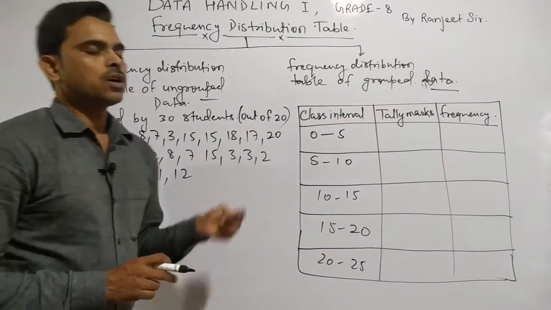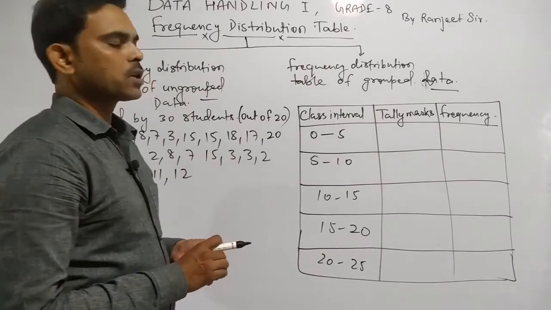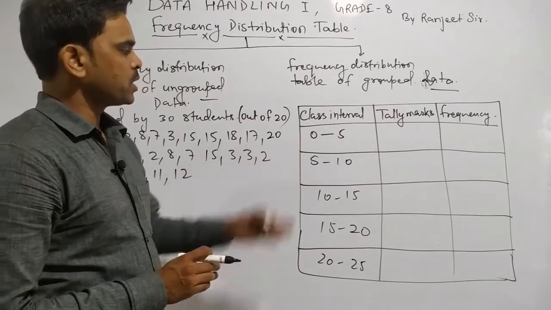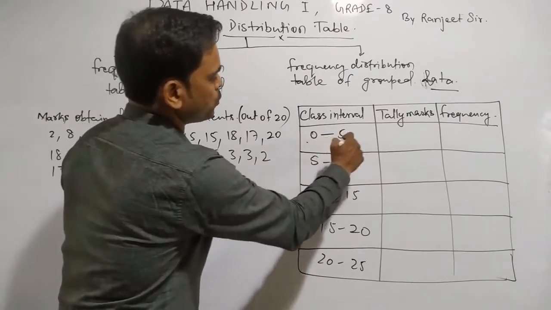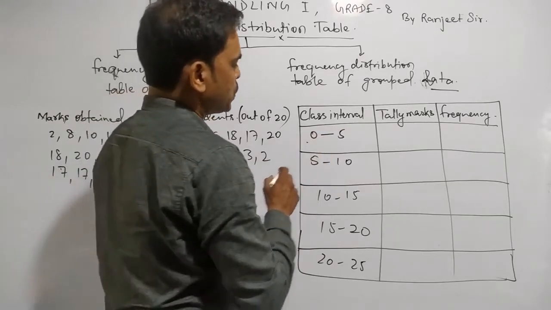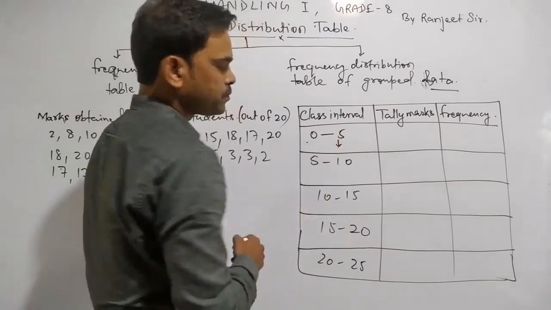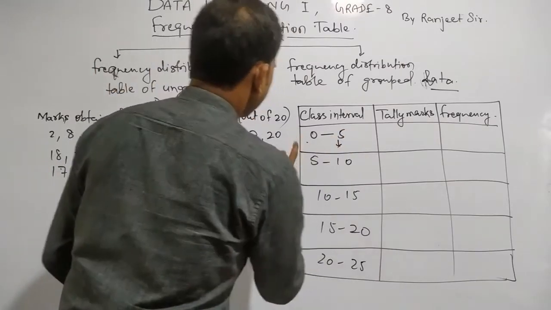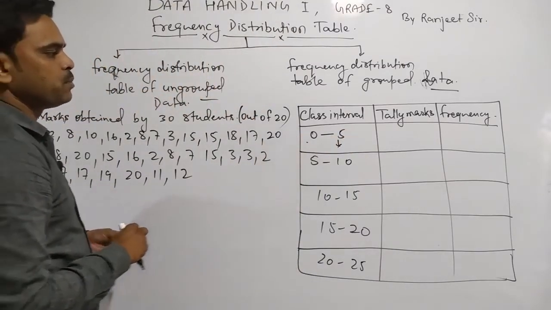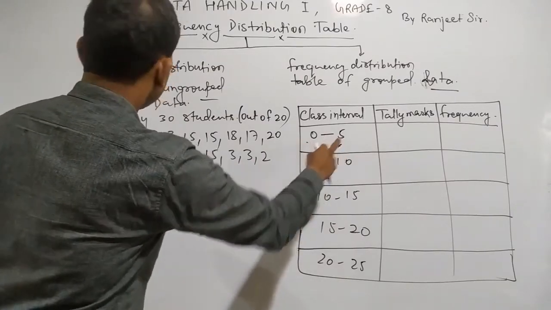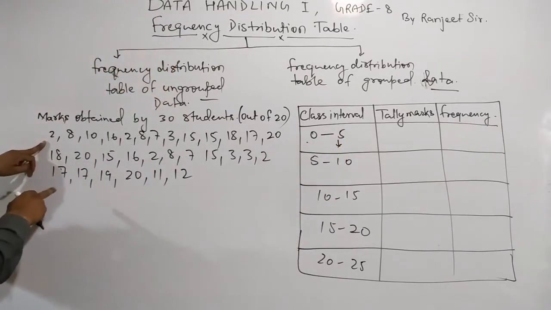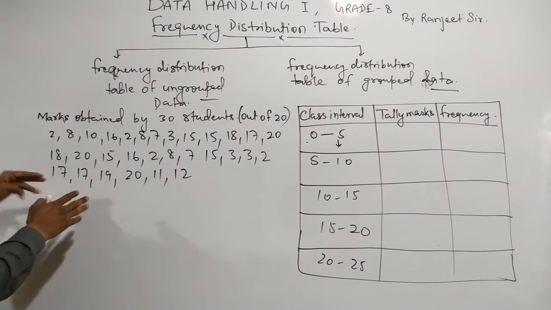This is called the exclusive form of grouped data. In 0 to 5, we will not include 5 here. First of all you will write the array, as I have told you.